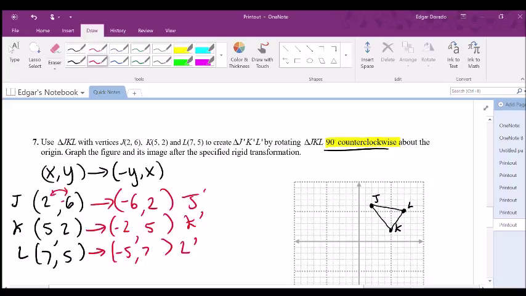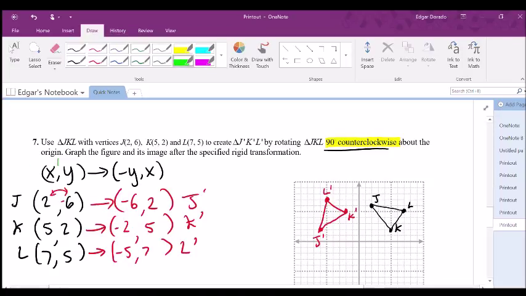So I'm going to go ahead and graph that. Negative 6, 2 is right up there. Negative 2, 5, and negative 5, 7. And I'll name them correctly. This is J prime, this is K prime, and this is L prime. That is exactly what you should have.